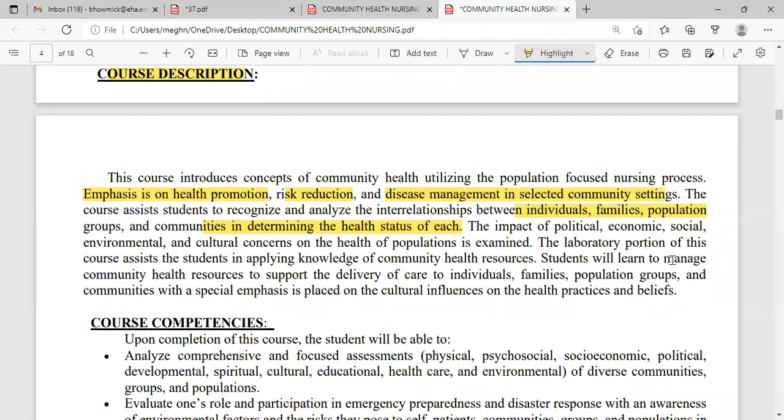Students will learn to manage community health resources to support the delivery of care to individuals, families, population groups, and communities, with a specific emphasis placed on cultural influence on health practices and beliefs.